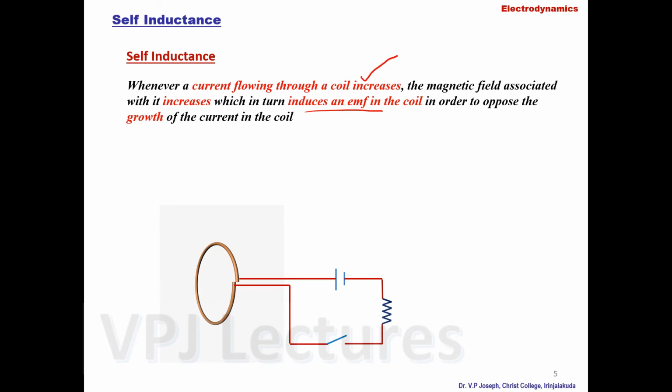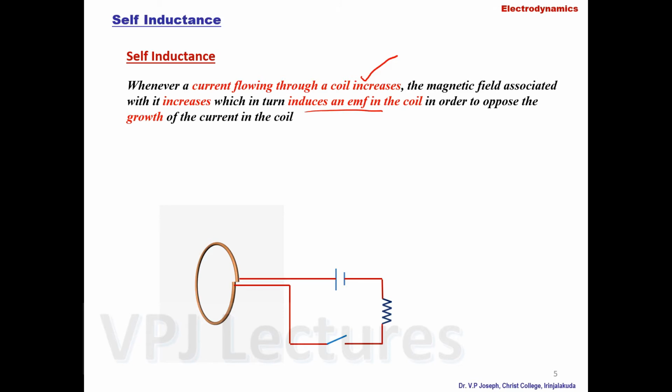In the earlier example, we considered an external magnetic field, but in the present situation, we allow a current to flow through the conductor, and that current itself generates or increases the magnetic field associated with the conductor. So whatever the source may be, external or due to the intrinsic current flowing through the circuit.